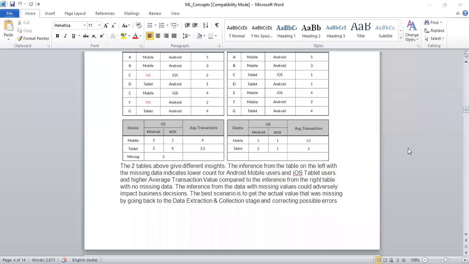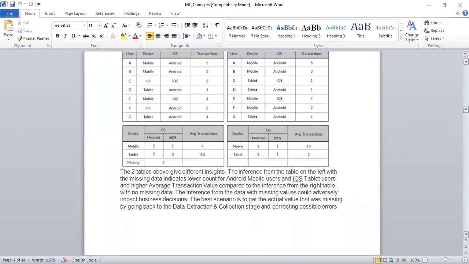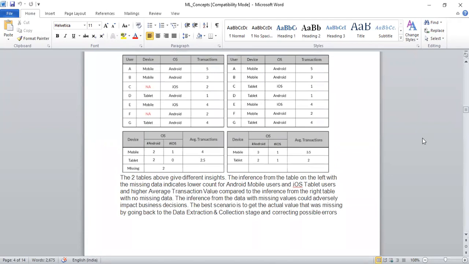Look, this is the table. Here you just look. This is a table comprising user, device, operating system, transactions. So look, the two tables above give different insights.